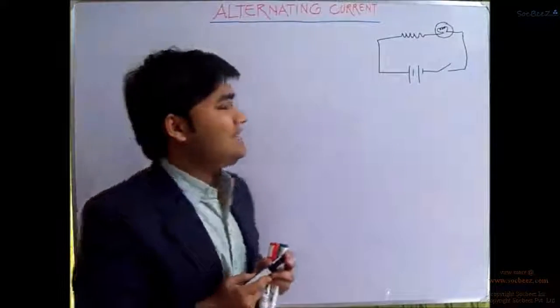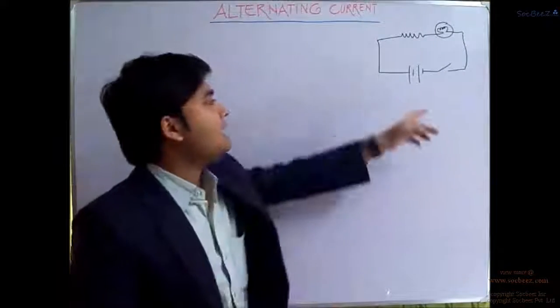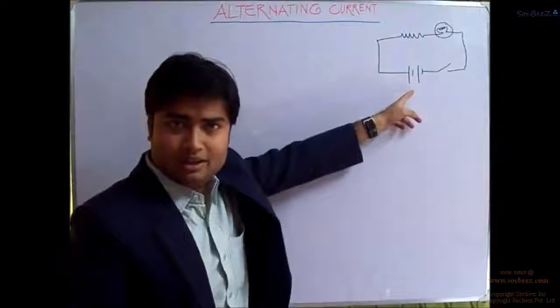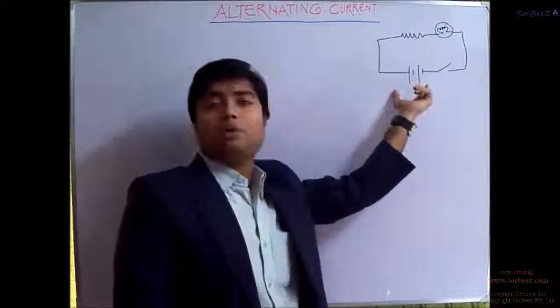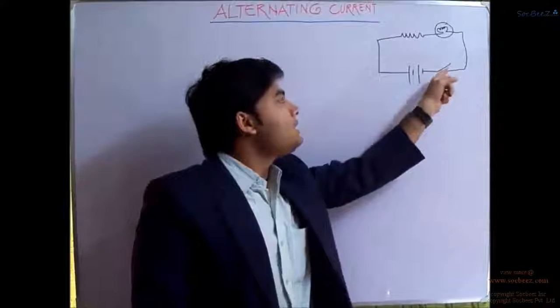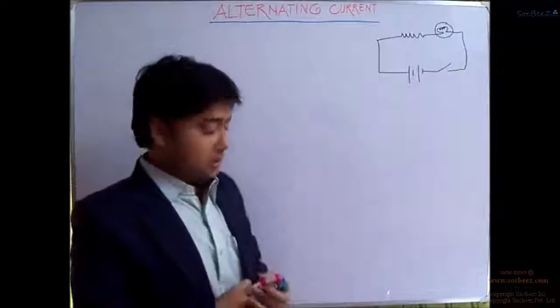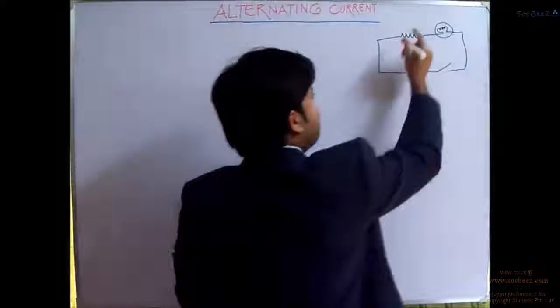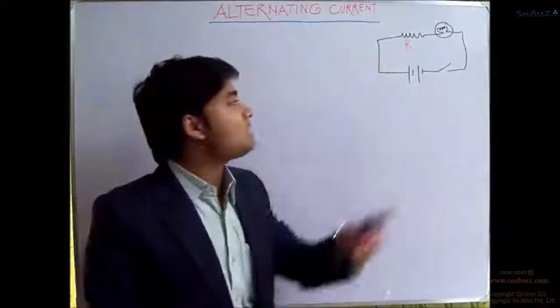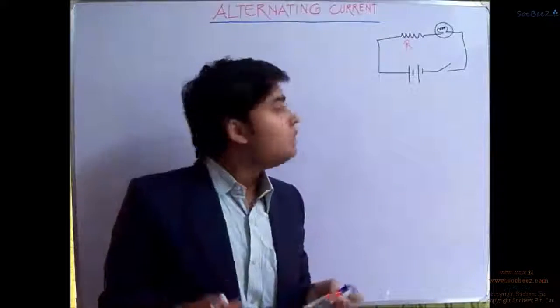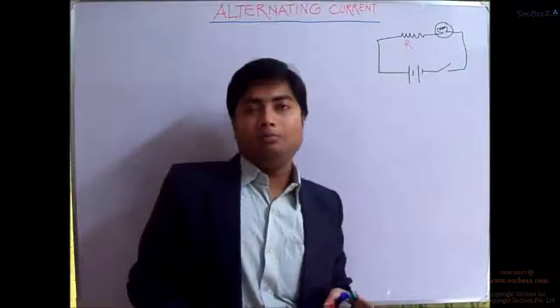So this is a circuit diagram where this is the battery, and to this entire circuit, this is the power supply source. This is a key. For example, this is the resistor of, say, resistance equal to R ohm. This is the bulb, right?